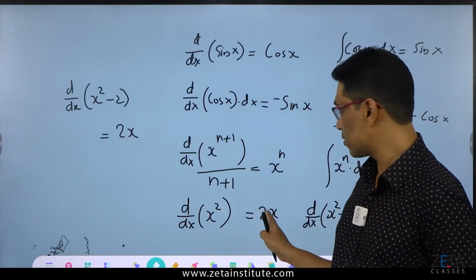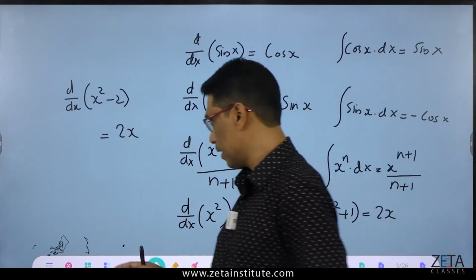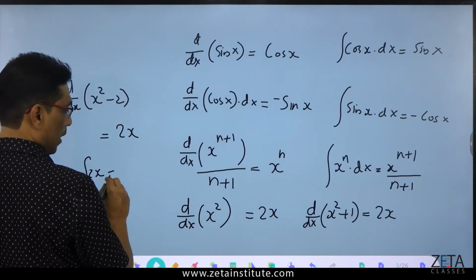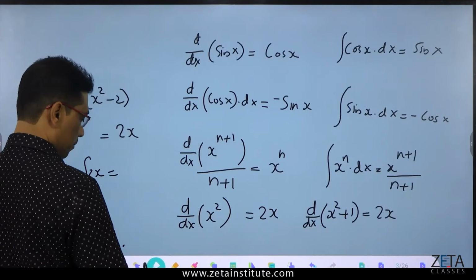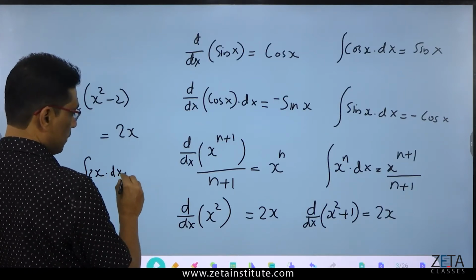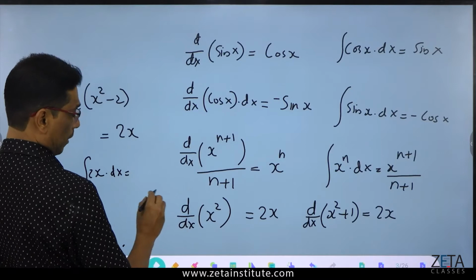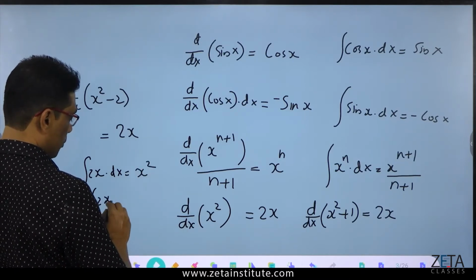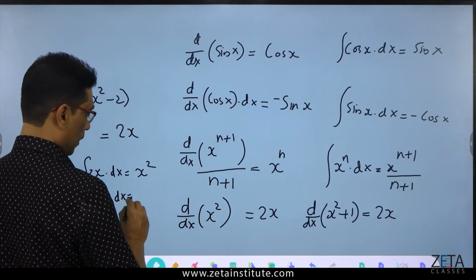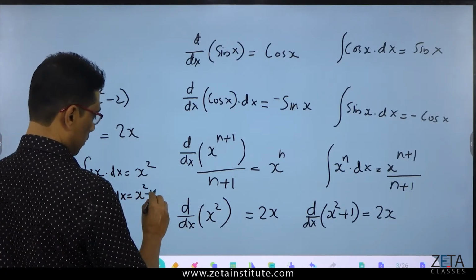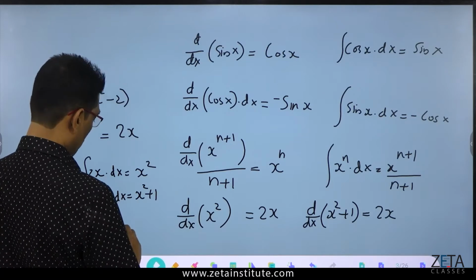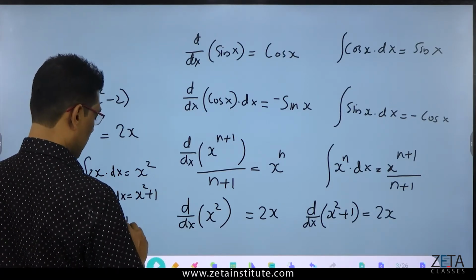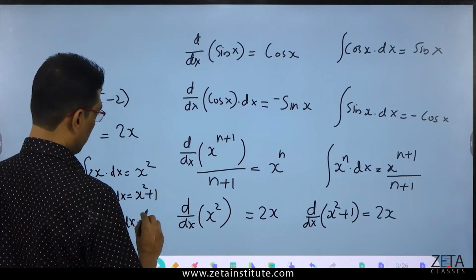So integral 2x dx is equal to x square. Integral again 2x dx, I can write x square plus 1. Again integral 2x dx is equal to x square minus 2.